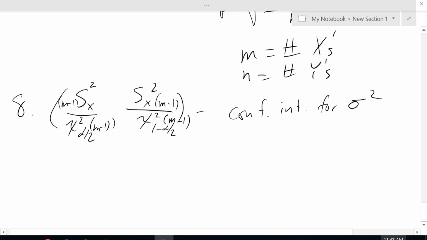We have this chi-squared random variable. I don't know this, but I know this at the 0.05 probability, the 0.95 probability. So I'm just swapping it out. Making it more difficult than it needed to be. My apologies.